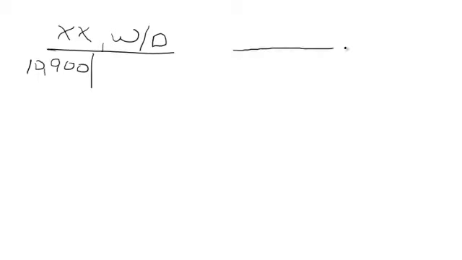I'm going to put in, there's my name, and I'm going to do a shorthand of W/D for withdrawals. We should have put in $10,900 into our withdrawals account. Normally when the owner withdraws, usually the owner is withdrawing cash, so I'm going to use cash as my credit account just so that I have something to use.